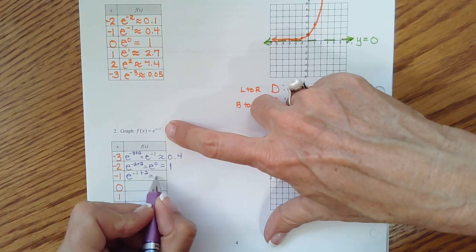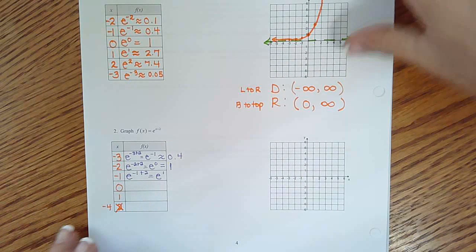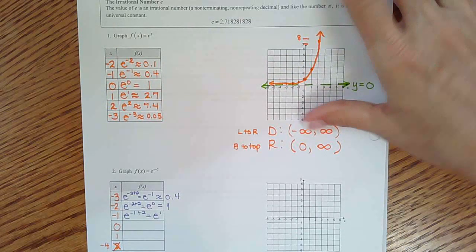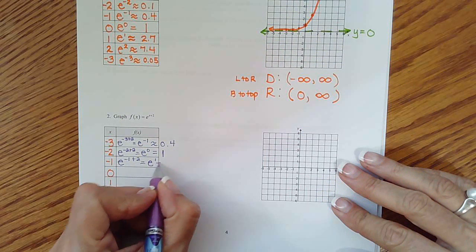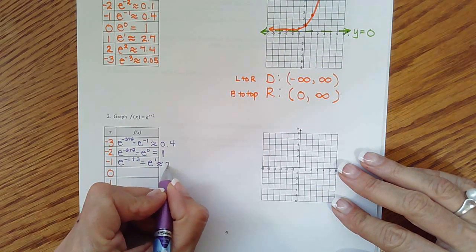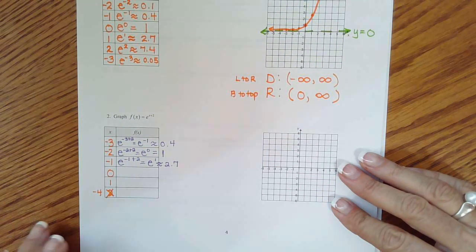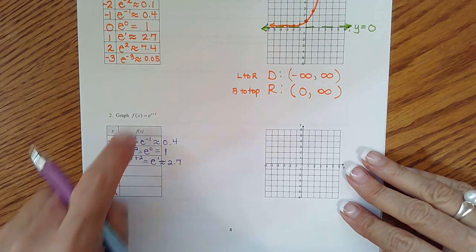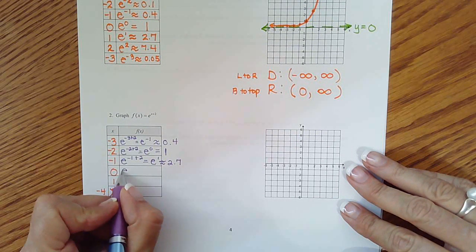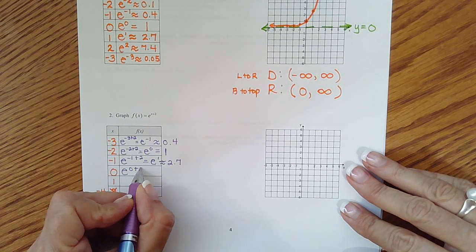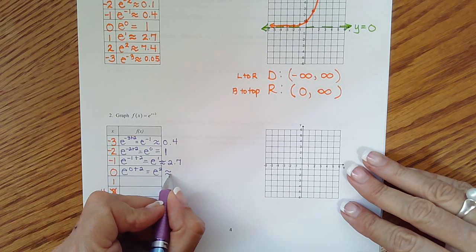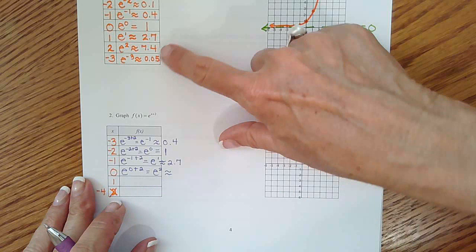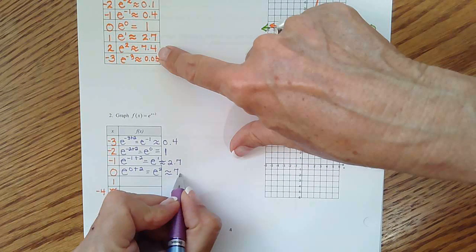That would be e to the first, and we saw up here e to the first is approximately 2.7. And then we put in 0, e to the 0 plus 2 is e to the second, which in the t-table above is approximately 7.4.